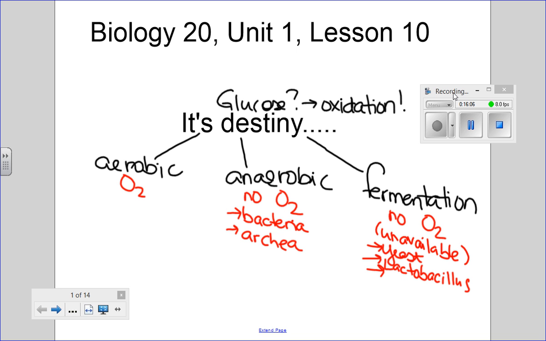And fermentation also happens in your muscles when you have exercised very strenuously and you start to feel pain in them. And we'll talk about it briefly in this unit, and then our next chapter is muscles, and we'll talk about it even more then. But these are the three destinies, let's say, of glucose.